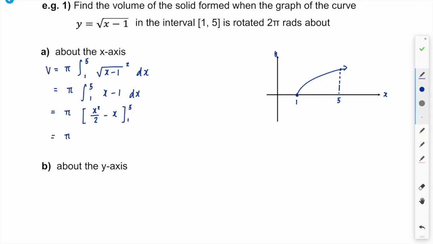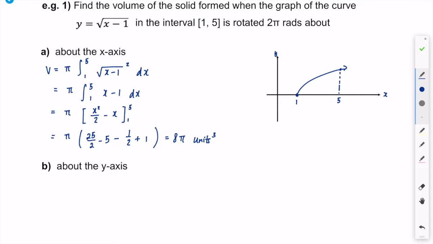And what have we got here? 5 squared, 25 over 2 minus 5, minus 1 over 2 plus 1. Okay, simplifying this, 25 over 2 minus 1/2 is 24 over 2, 12. 13 minus 5 is 8. So 8 pi cubic units.